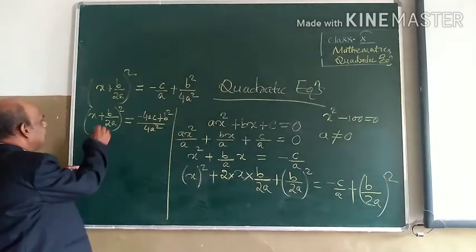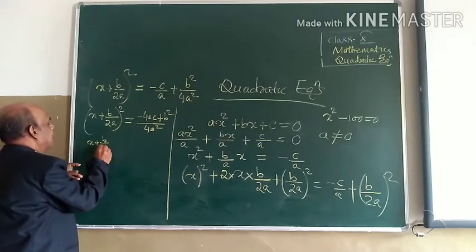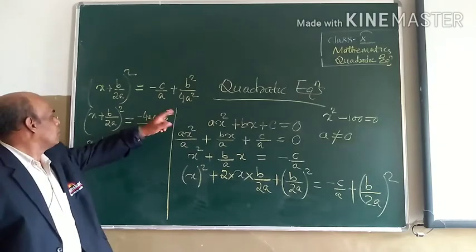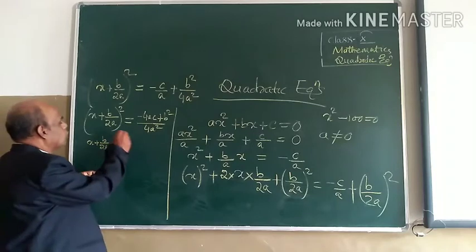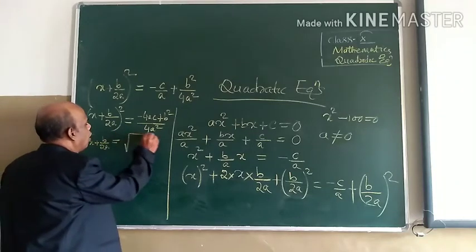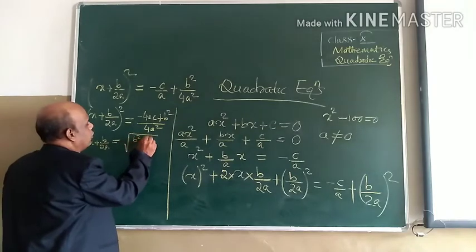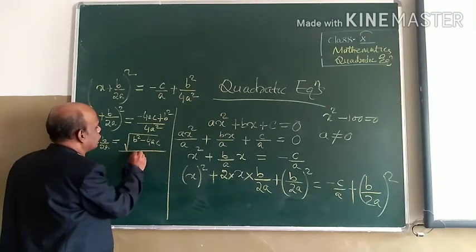So now you see x plus b by 2a is equal to root over this, because the whole square is equal to this much. So this is equal to root over of b square minus 4ac, divided by 2a.